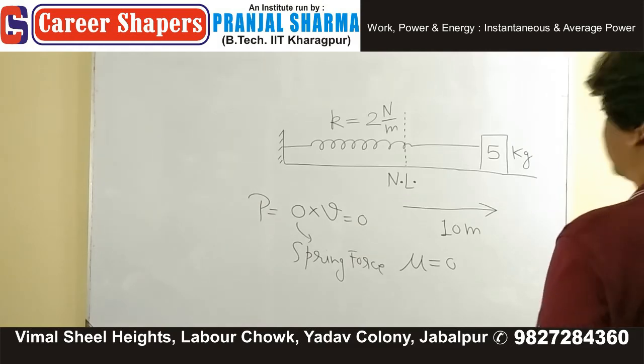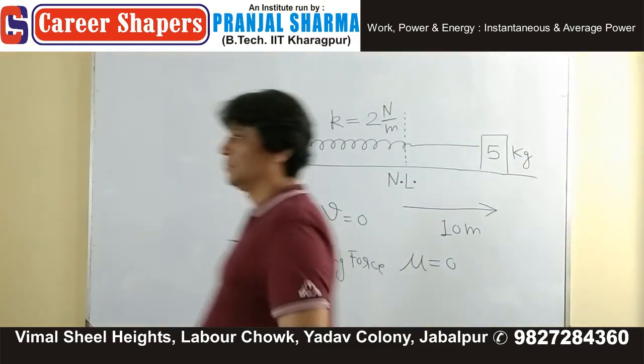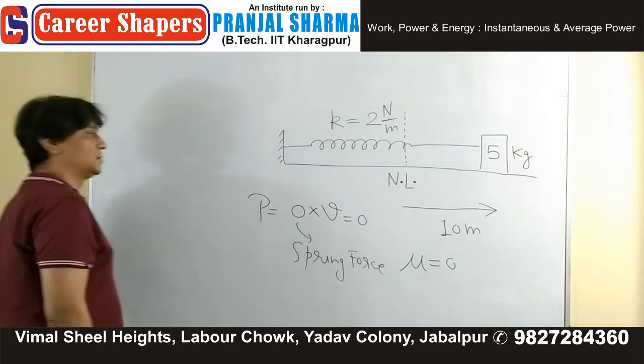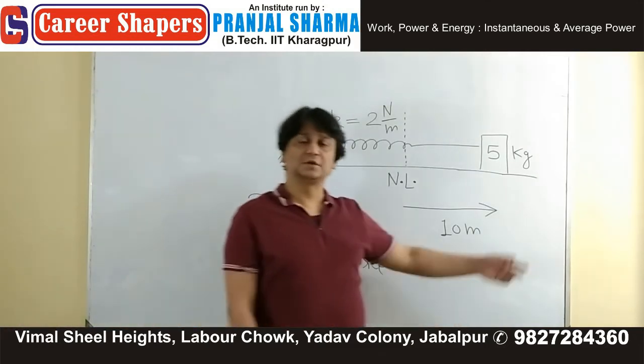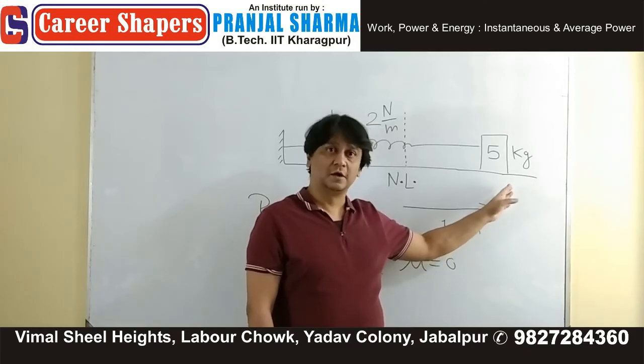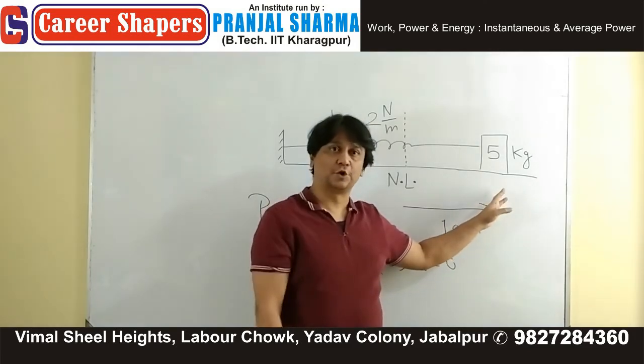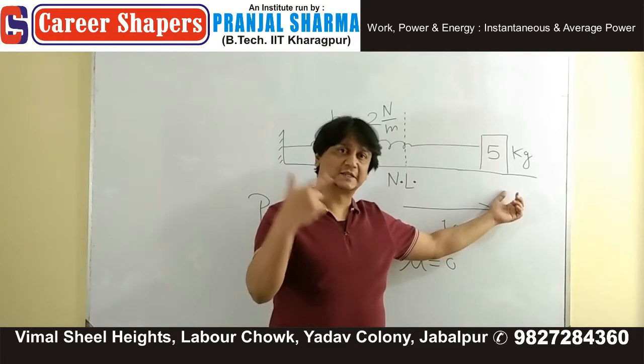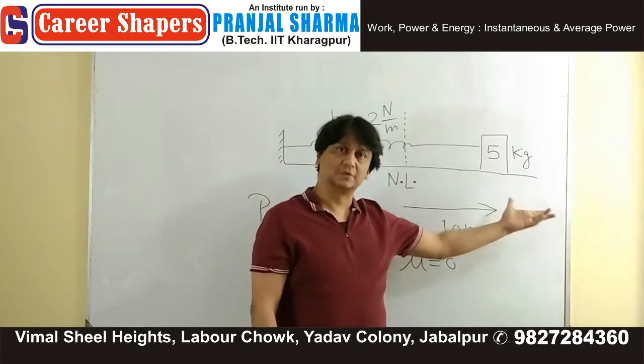Again, the same person has answered the correct thing. Rest of the people, what happened? Have you fainted? The question says the object is released. So this is the initial moment. This time force is not zero, but the object's instantaneous V is what? Zero.